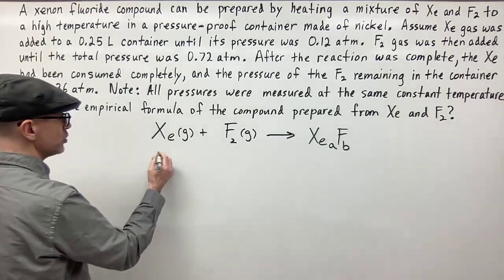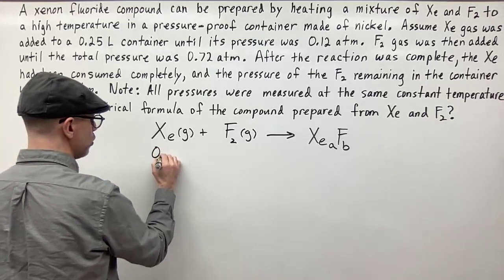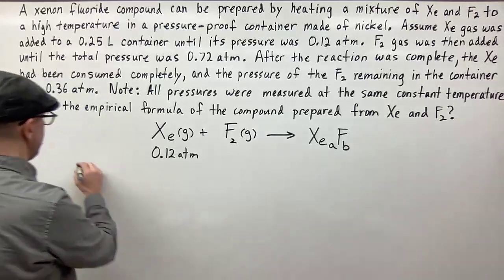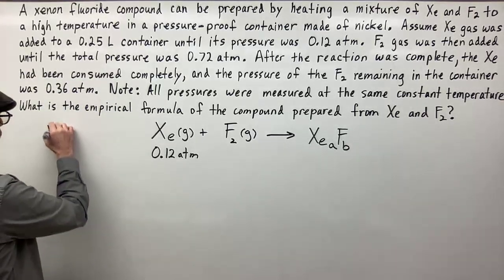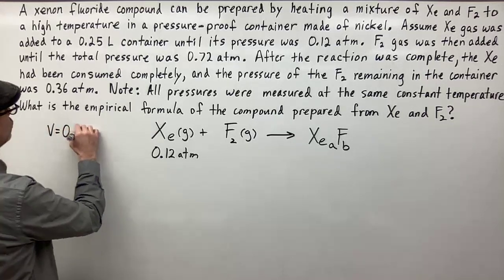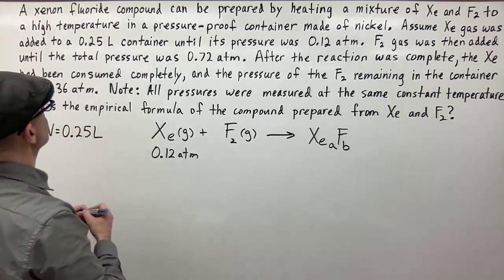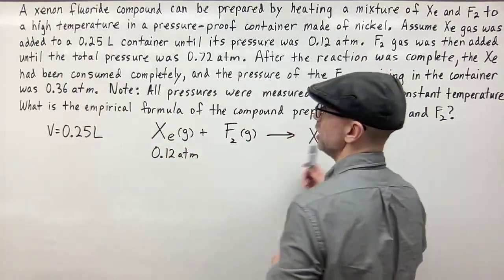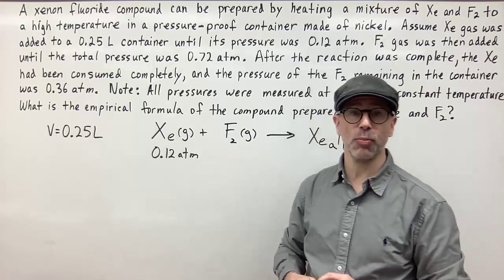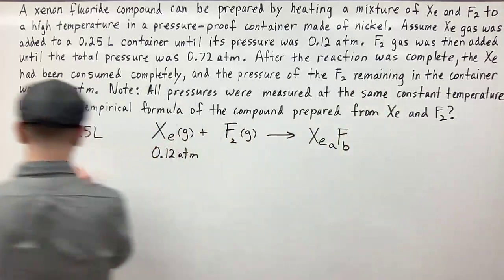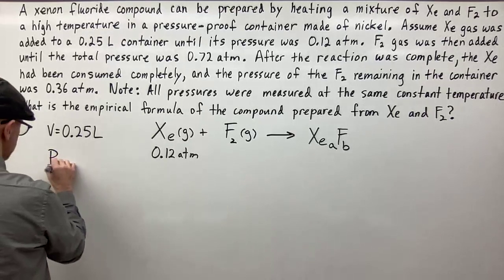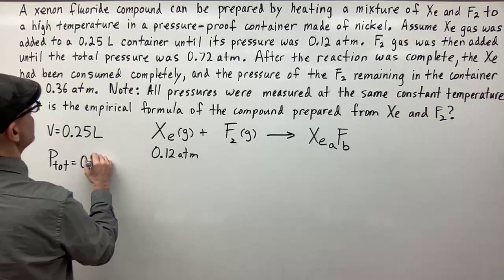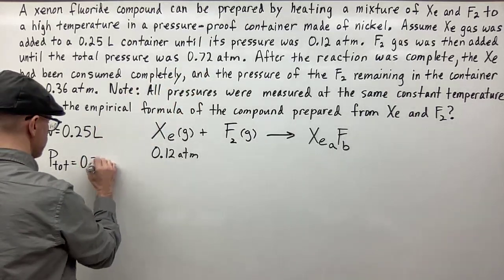So we're starting with 0.12 atmospheres here. And again, I'll write over here, volume is equal to 0.25 liters. Okay, and then they say that the fluorine gas was then added until the total pressure was 0.72. So I'll write that down, the total pressure is equal to 0.72 atmospheres.